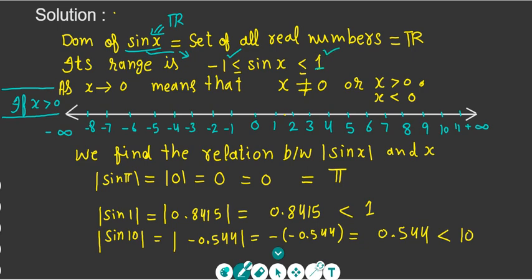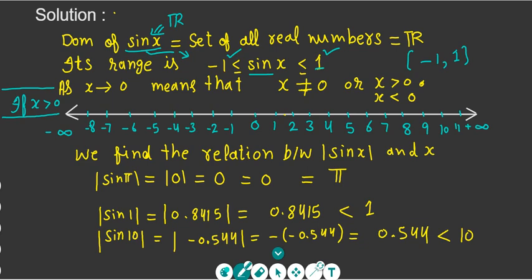So the range of sine of x is -1 to 1. We can write the range in this form: -1 less than or equal to sine of x less than or equal to 1.